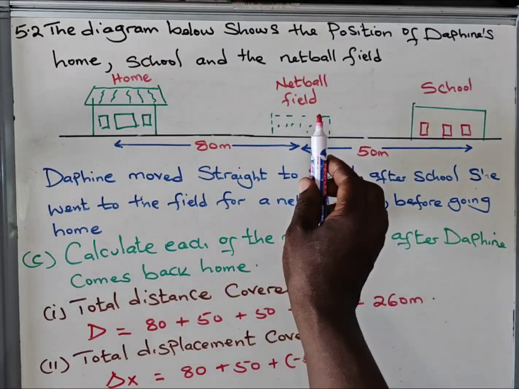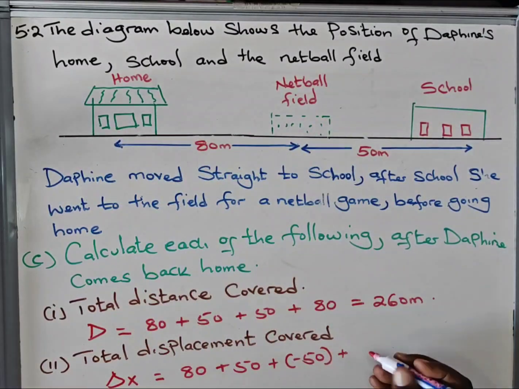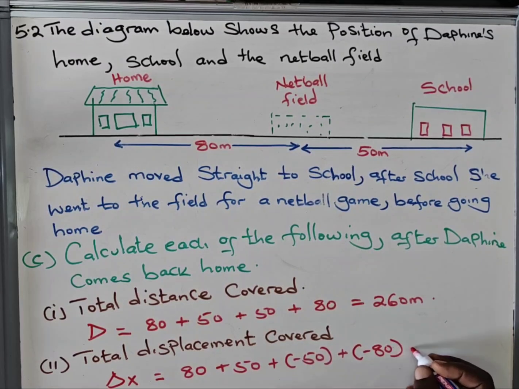Then from netball field up to the home, that is negative 80, giving you 0 meters. So the total displacement covered when Daphne moved to the school and came back home is 0.